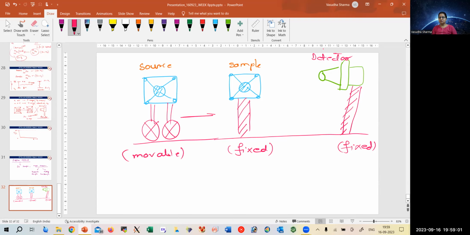So if the source goes towards the sample, that's a positive velocity. If it goes away from the sample, we denote it as minus v.